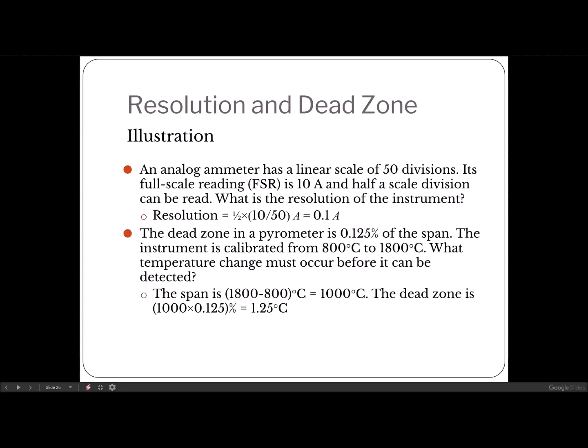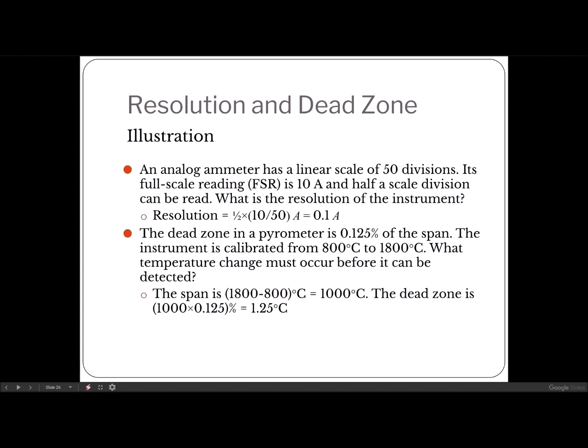Okay, so this is just an illustration of resolution and dead zone. Let's say we have an ammeter, the device to measure the current, which has a linear scale of 50 divisions.